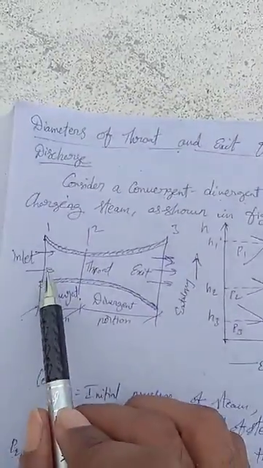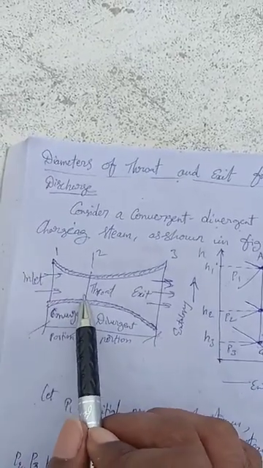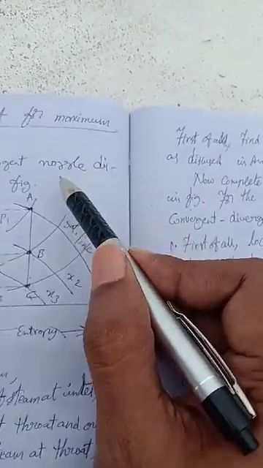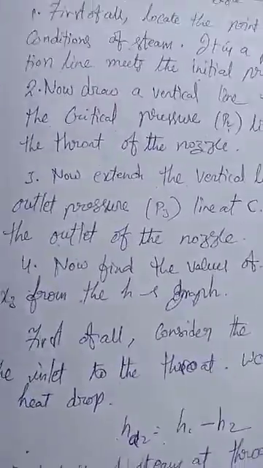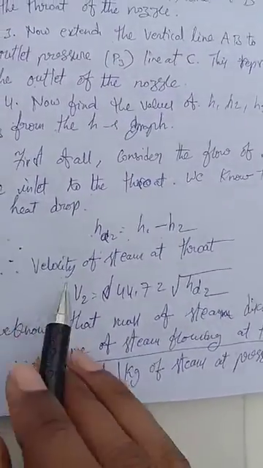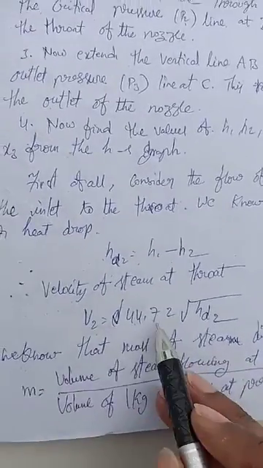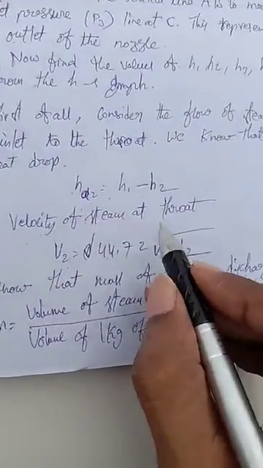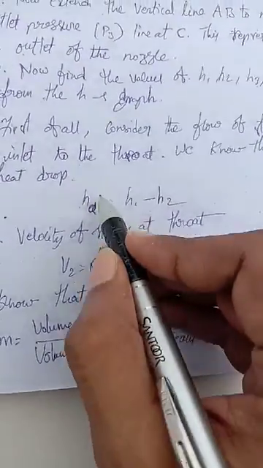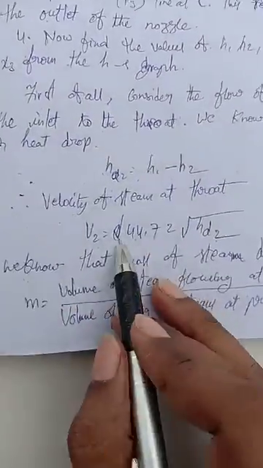First we consider the steam entering from inlet to throat. ఇక్కడ నుంచి ఇక్కడ వరకు వెళ్తుందని కన్సిడర్ చేసుకుంటే మనకి ఏ నుంచి బి. ఓకే, so the velocity of steam at throat V2 is equal to 44.72 root of HD2. Already we know very well, but here we fix only V2, because here we fix the diameter of the throat, okay, not for exit.